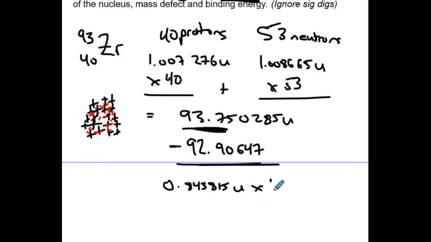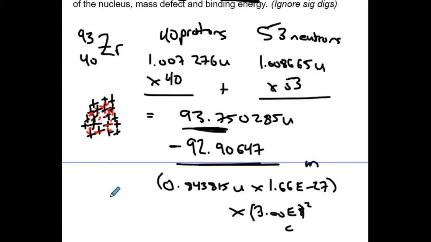If I times that by 1.66 times 10 to the minus 27, which is how much an atomic mass unit is worth from a previous slide, and then times by the speed of light squared, so 3.00 times 10 to the 8, this is Einstein's famous formula. All of this right here is your mass.